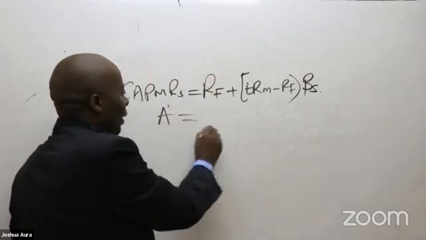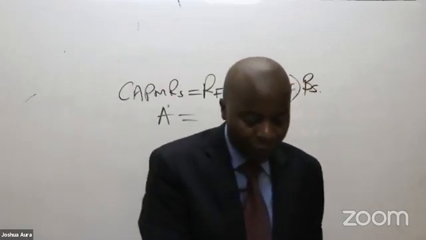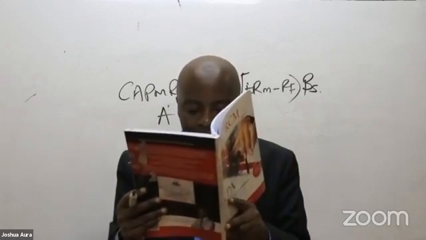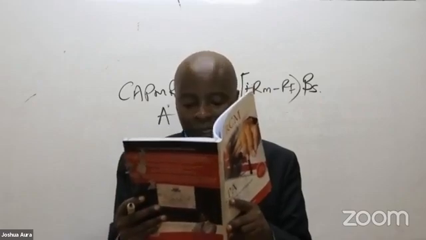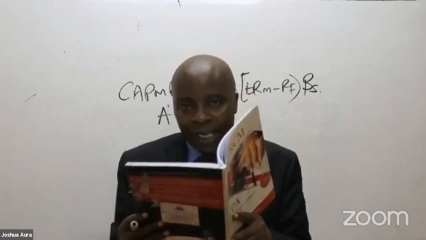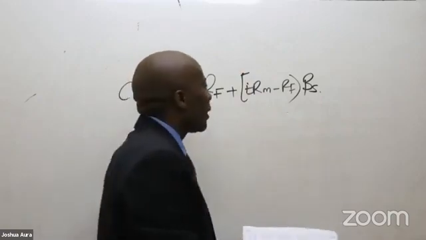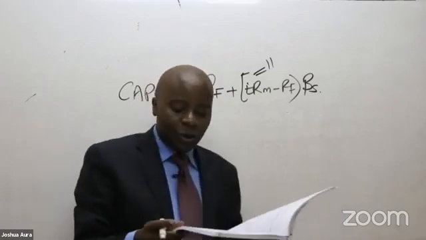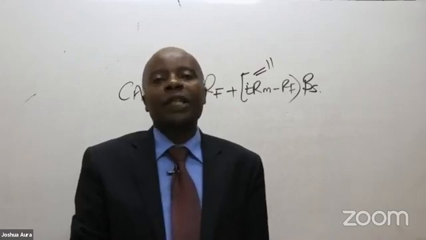So we have A, which will be equal to, do we have the risk-free rate of return? Oh, yes. If you look at the requirement, they are telling us that the overall return on the market portfolio of risky assets is 11%. So that 11% to us is the expected returns of the market. When I continue reading, I'm not able to see the rate of return of the risk-free asset.